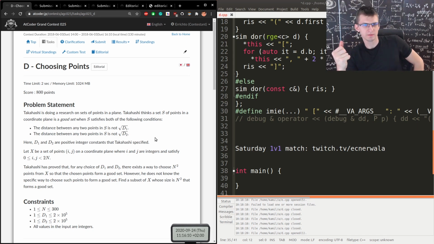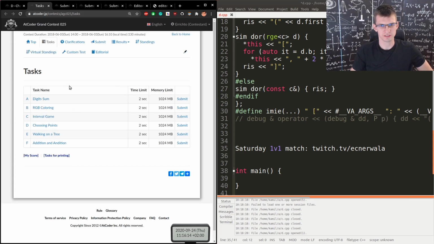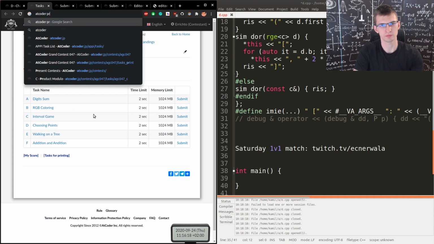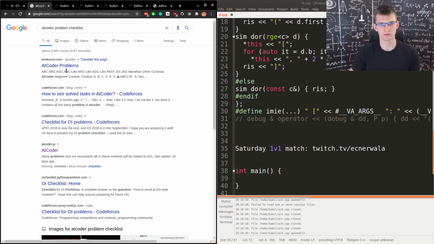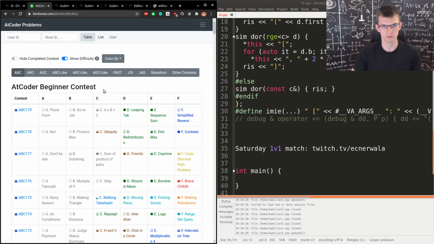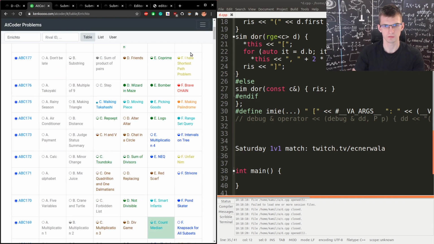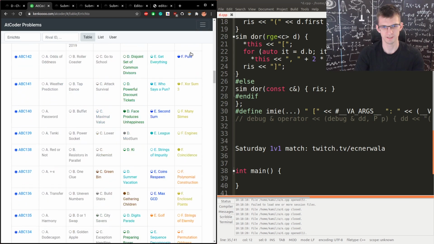Is there any checklist for Atcoder problems, by the way? Because when I go to tasks, I don't see things in green. Atcoder problem checklist. It's quite empty, isn't it?